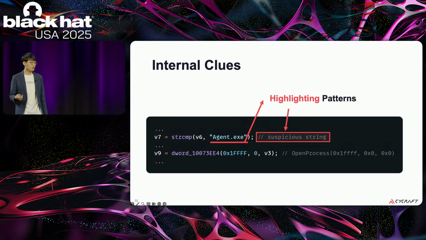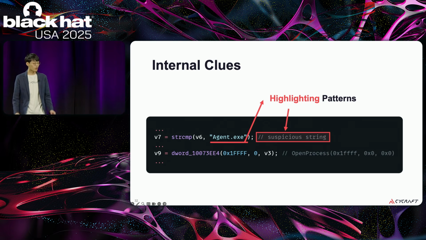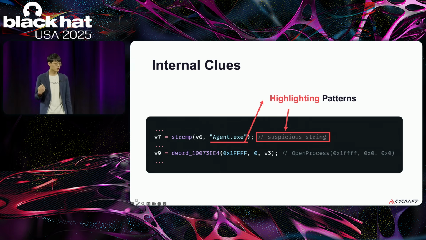For example, in this malware, in the first line, our system can identify a pattern like agent.exe. After we identify this pattern, our system will add a suspicious string comment behind the code, so that the language model can see that something is going on here.